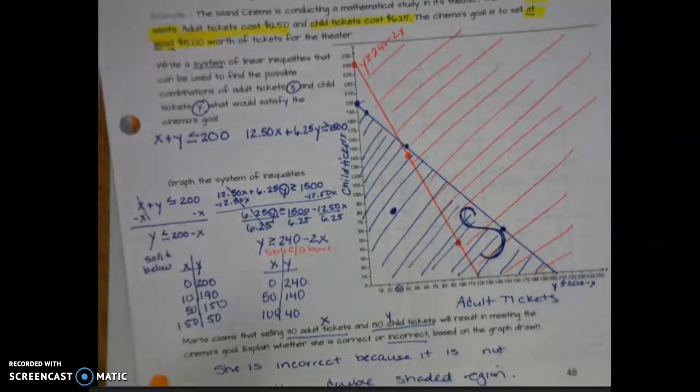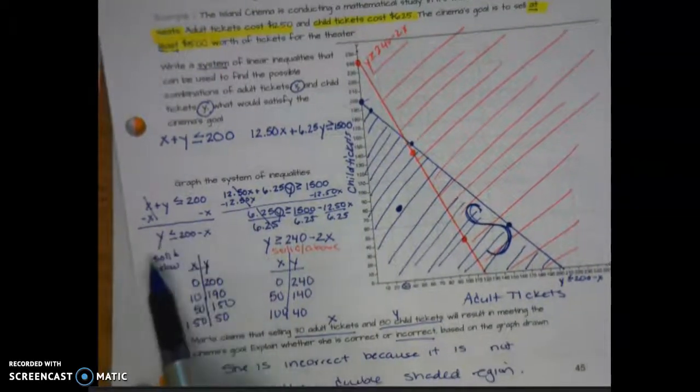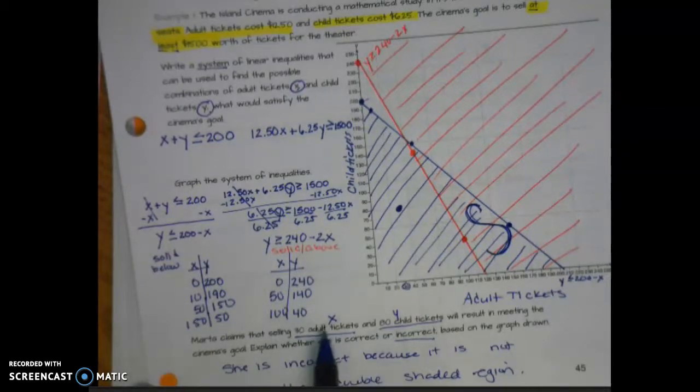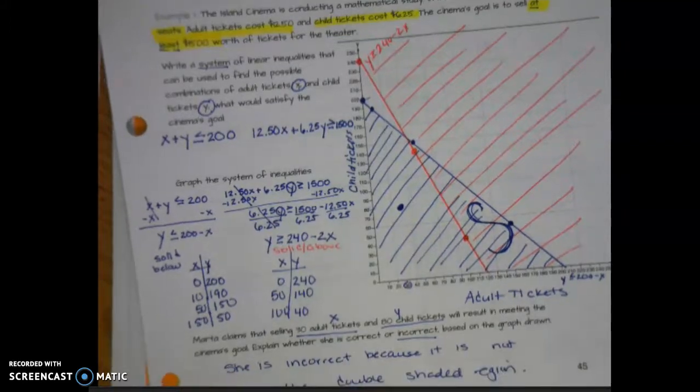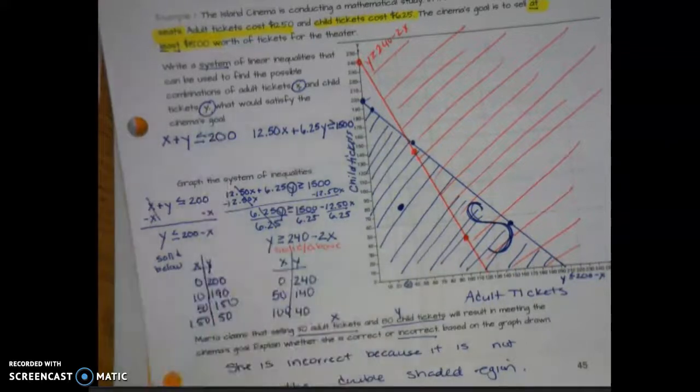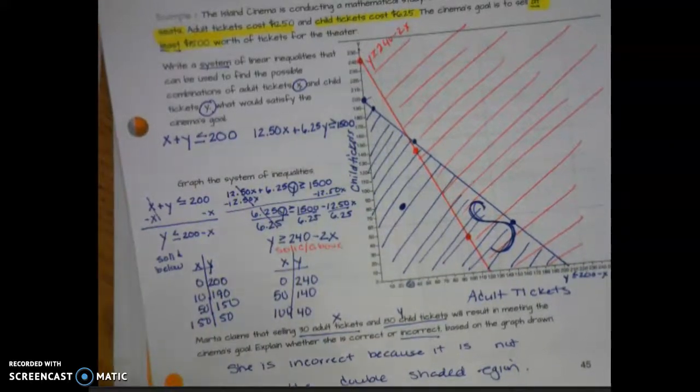Right, so it makes the blue inequality correct. It makes this one true. x plus y is less than or equal to 200 because we could sell 30 plus 80 tickets total. We could sell 110 tickets, but they wouldn't make the $1,500 goal that they were looking for.